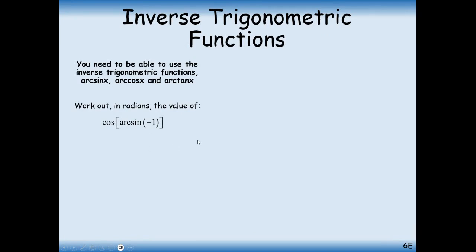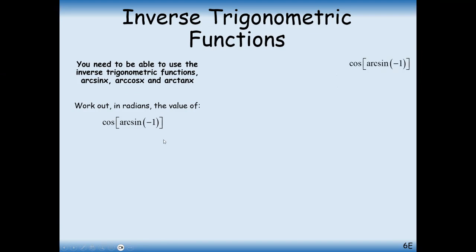So first of all, we're going to deal with the input. What is arcsine of -1? The inverse sine of -1 is negative pi over 2.